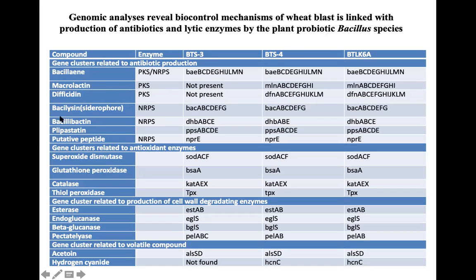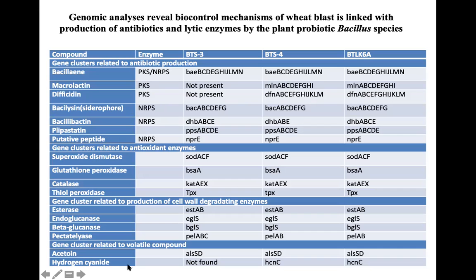Here you see lots of, and they also produce different enzymes. They contain the genes responsible for different enzymes, and they are also cell wall degrading enzymes, even gene clusters related to volatile compounds like acetoin and hydrogen cyanide.